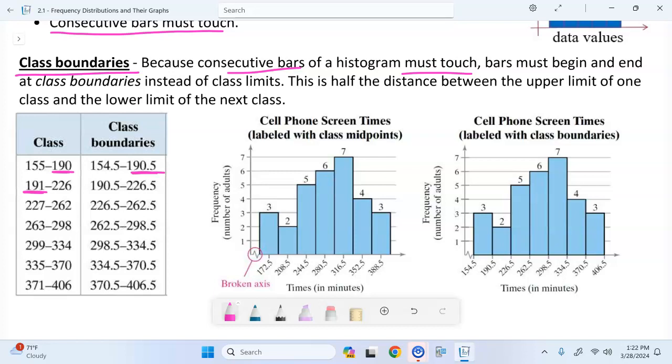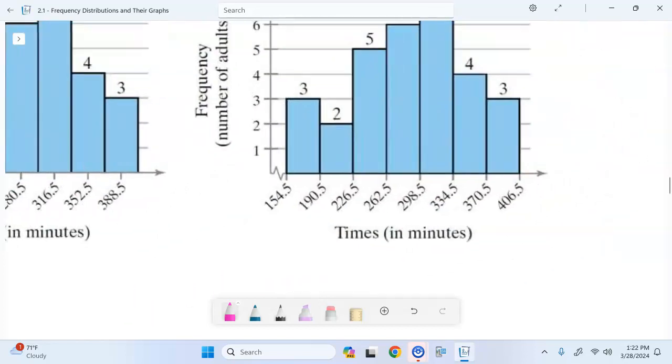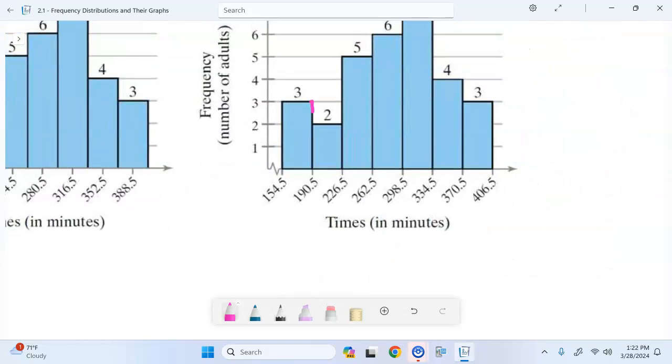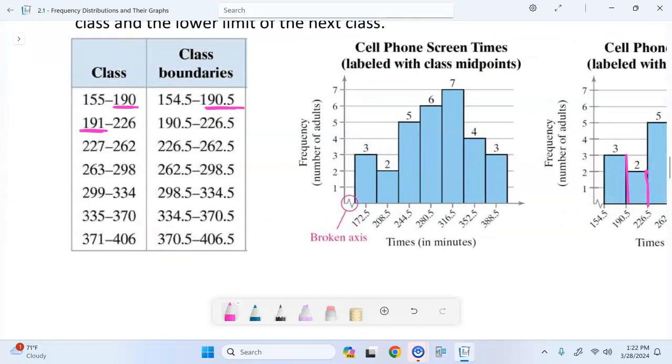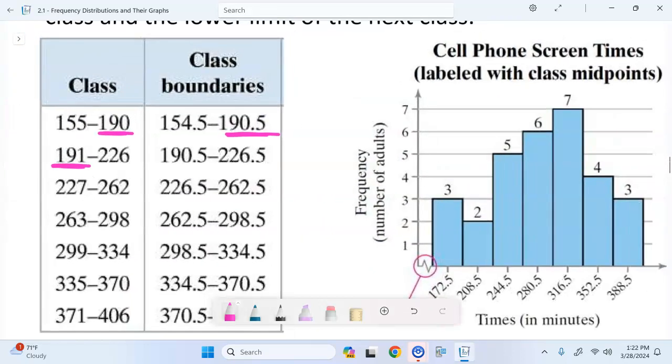When you look at the bar graph here, we see how this bar ends and the next one begins at 190.5. So it sets that limit. Then the next class begins and ends at 226.5. We see that one class ends at 226 and the next starts at 227, so 226.5 is right in the middle.